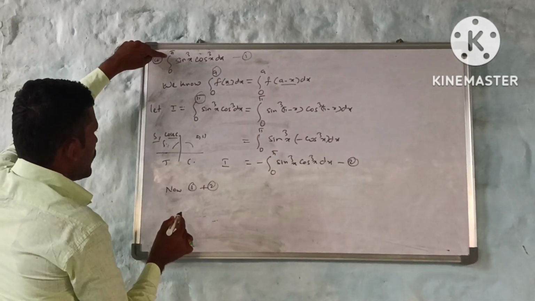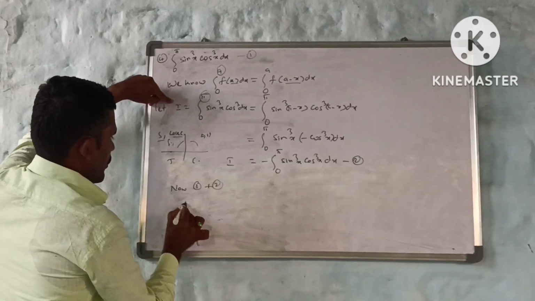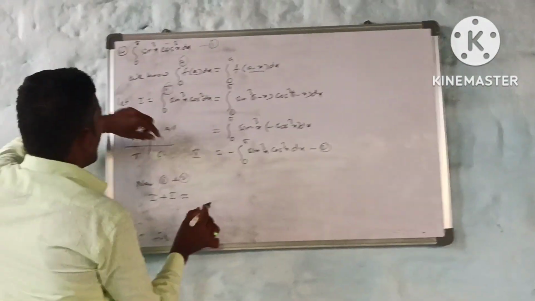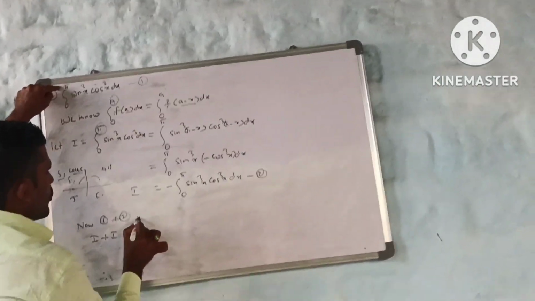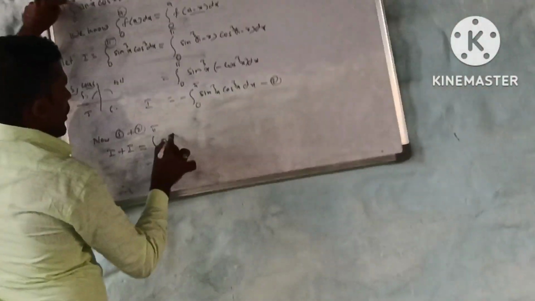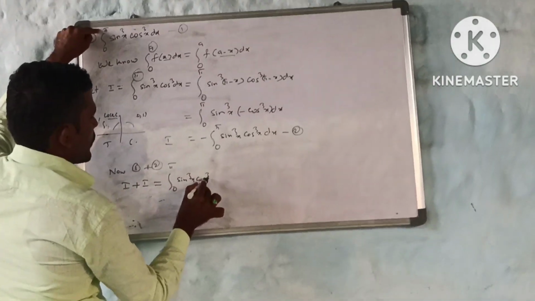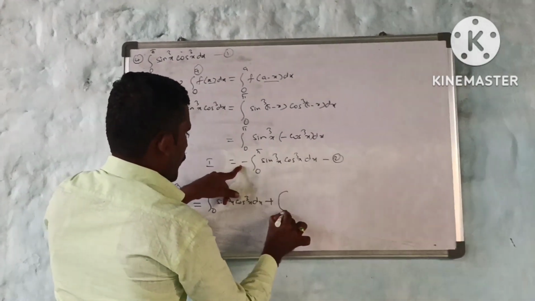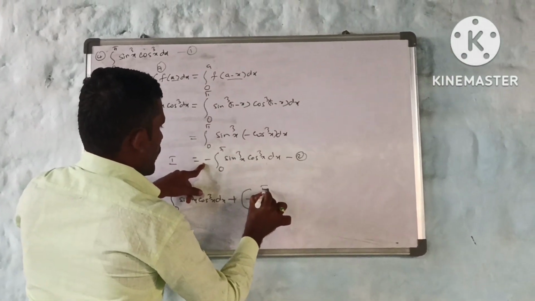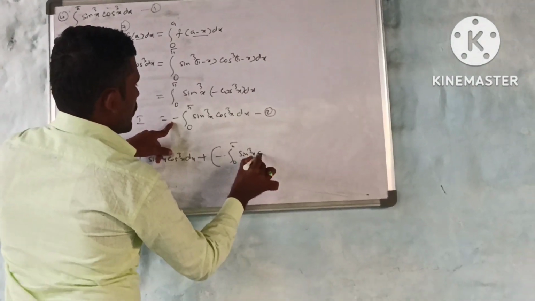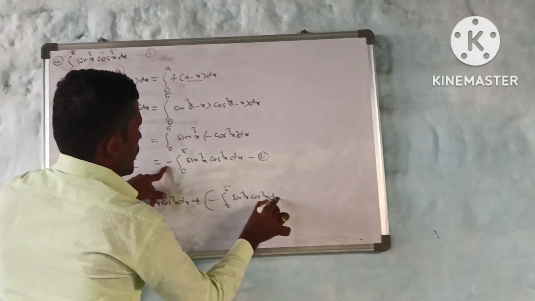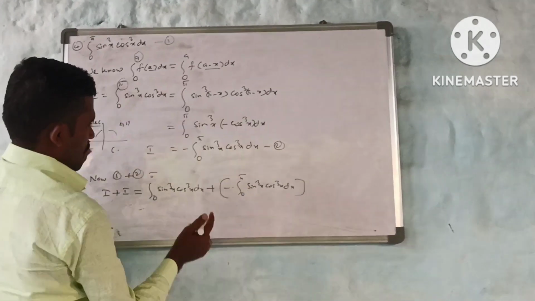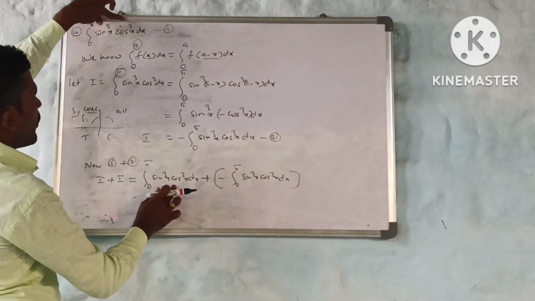On the left side, we take I only, plus in the second equation the left side is also I. Equal to what is given: integral 0 to pi sin cube x cos cube x dx, plus of minus integral 0 to pi sin cube x cos cube x dx. So this is the first equation, and this is the second equation.